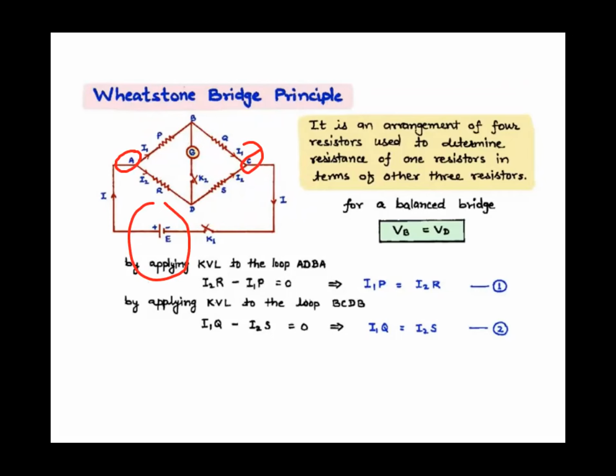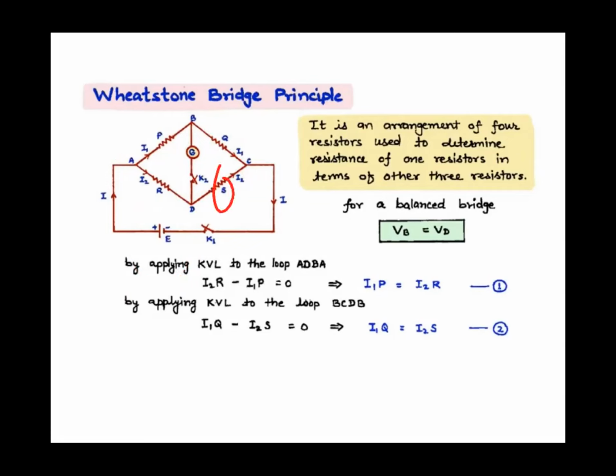And a very sensitive galvanometer. Here you can see G written, right, children? So a very sensitive galvanometer is connected between B and D. Now what are we going to do? Now, children, S is adjusted.